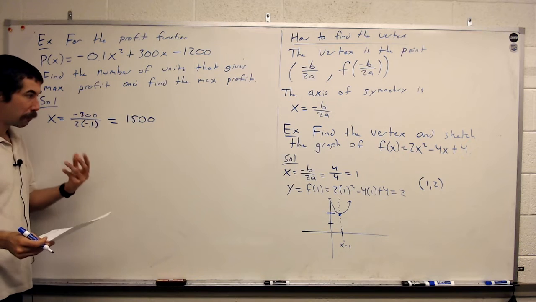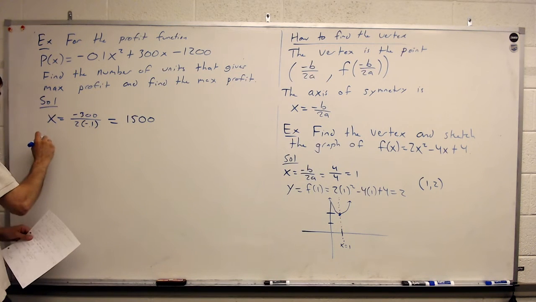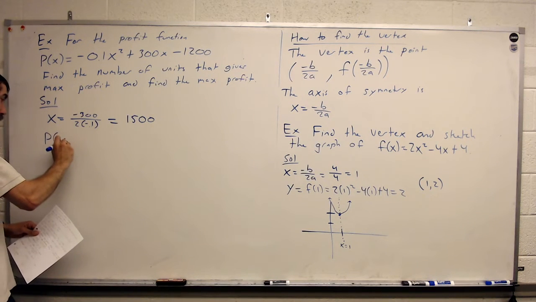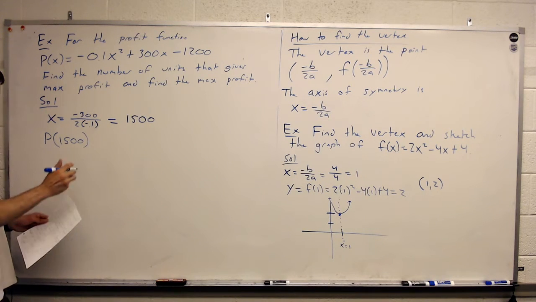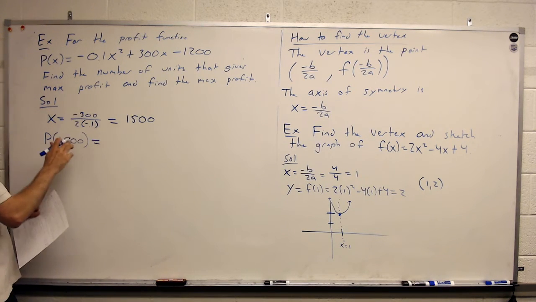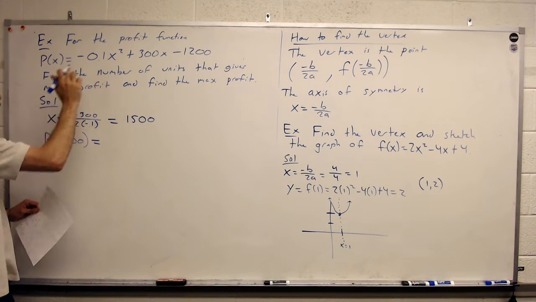But what would our profit be? Well, we need to figure out what our profit at 1,500 is. So we sub in x equals 1,500.